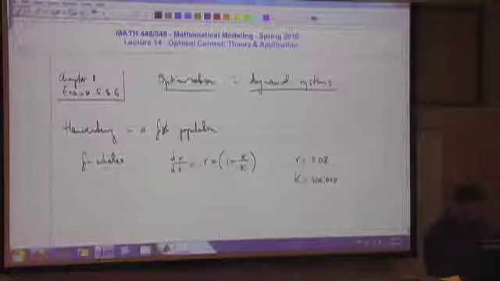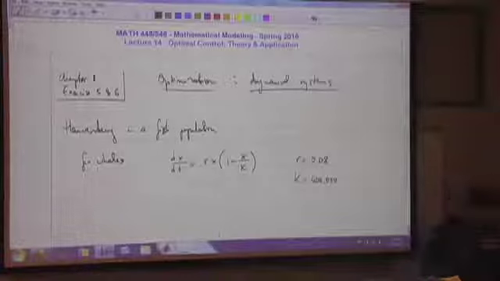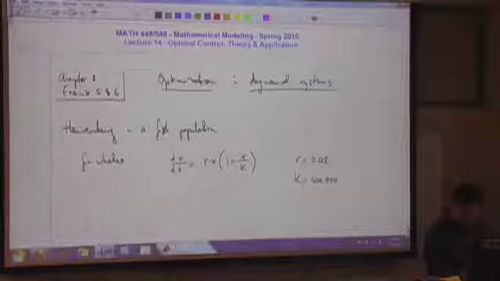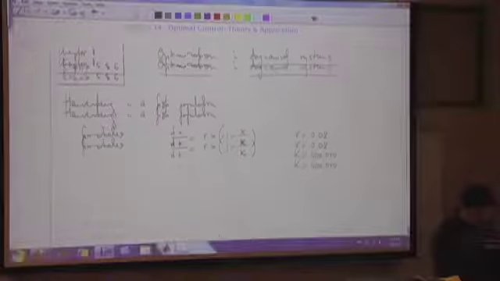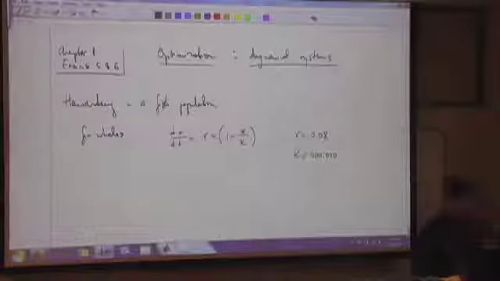So these are exactly the numbers that we used in our discussion on chapter 4, right? And again, just think about one single population.